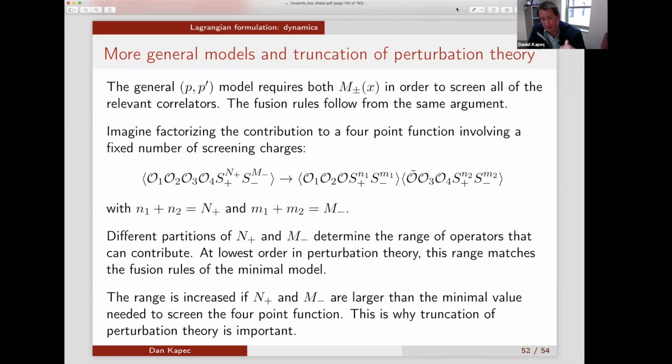And if n plus and n minus in this formula are the minimal values which are needed to screen the correlation function, you actually find that the only operators that contribute are the ones that are supposed to contribute from the minimal model fusion rules. But if higher orders in perturbation theory were to contribute, so n plus and n minus are larger than their minimal values, then that range increases, and you can't see it just from the kinematics of the selection rule.